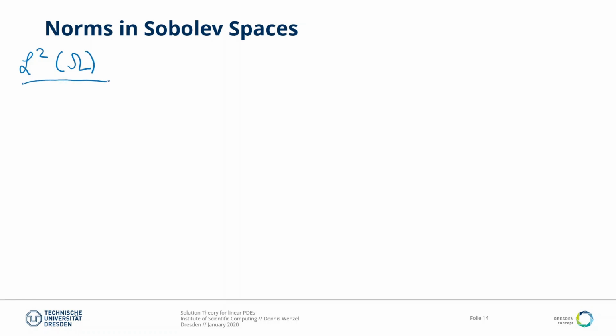On L2, the norm is defined pretty simply. The norm of u in L2, so the L2 norm of u, is defined as an integral over omega of u squared, because it's an L2 function, and then you take the square root of this.